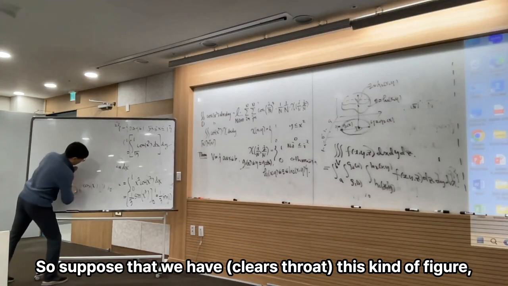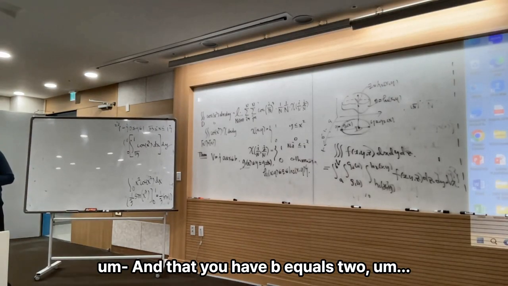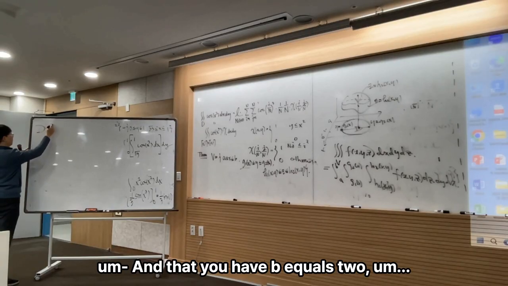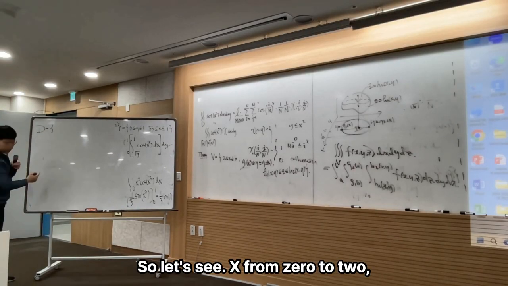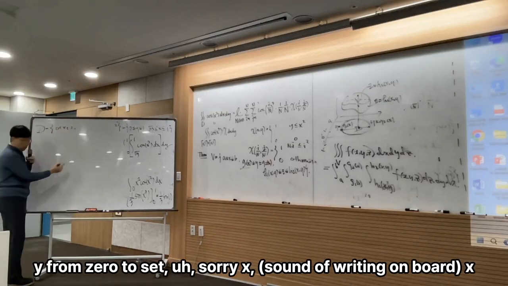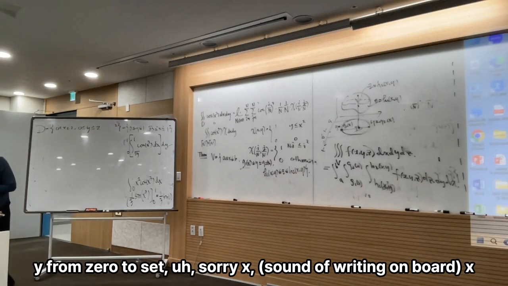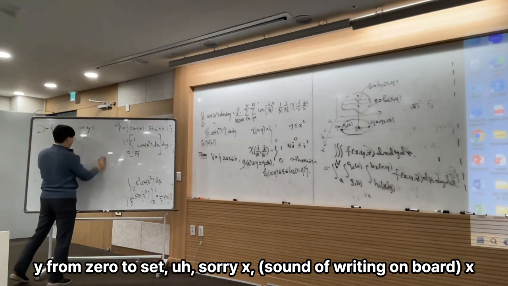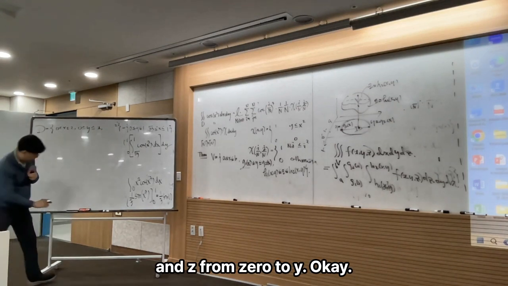Suppose that we have this kind of figure: V equals x from 0 to 2, y from 0 to x, and z from 0 to y.